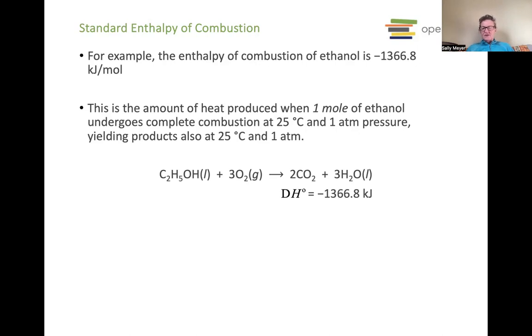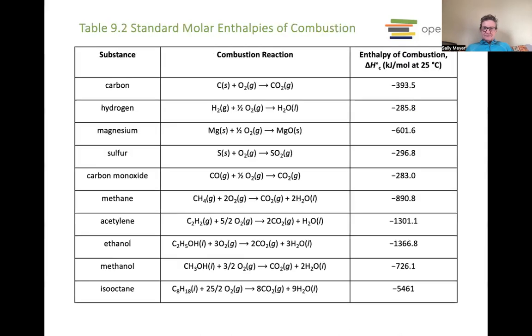So in this case, it's liquid ethanol, which is the phase for ethanol at room temperature. They should also include the phase of CO2, which would be a gas, which they left off. And then the D, once again, should be a delta. So these are just the standard enthalpies of combustion for a few different molecules.